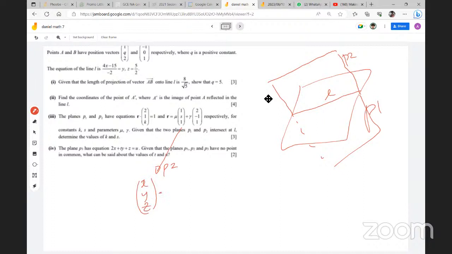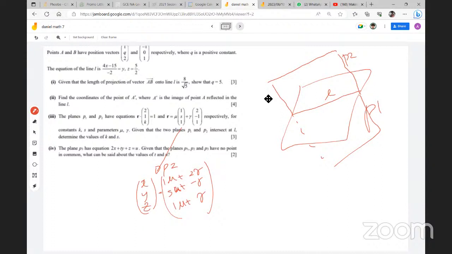So X, Y, and Z will be the mu 1 plus 2 gamma. Then this is the S mu plus minus, and then this is the 1 mu plus, right? And then equate that with P1.